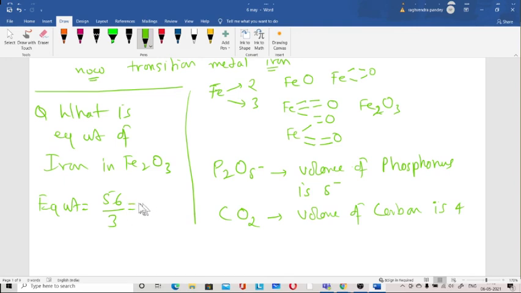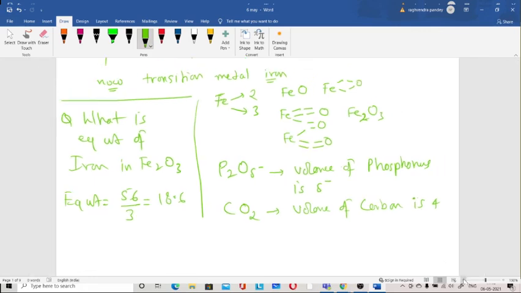So you will get 18.67. Okay, so this is the equivalent weight for iron. This is the basic concept of equivalent weight.